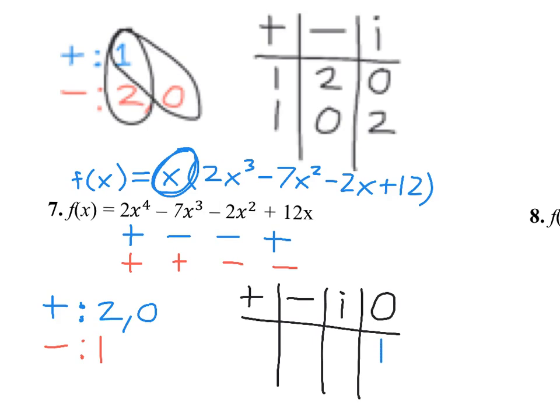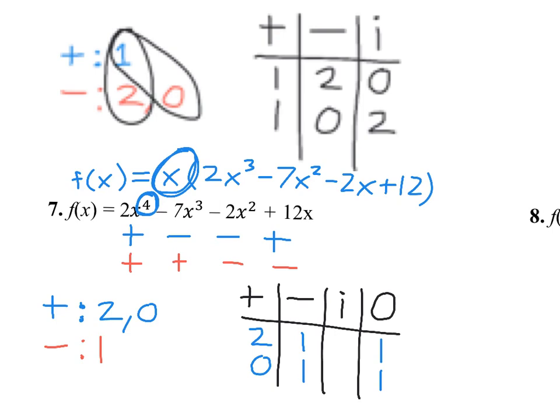And now let's go through our possibilities. It could be 2 positive and 1 negative, or it could be 0 positive and 1 negative. And we confirm that there is one root that is just 0. Okay, remembering that the total has to be the degree.